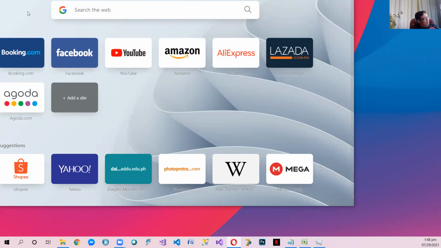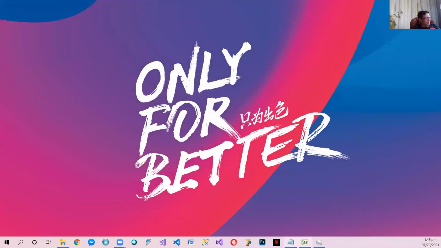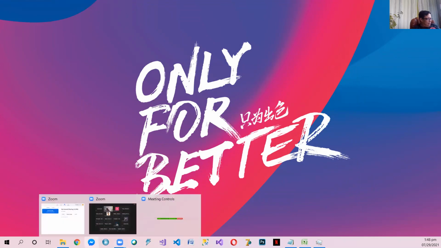I have a problem with my screen because I have just changed monitors. Check this first. It's hard. I can't connect to the site. I'm not sure why. Let's use a different browser. What do we have?